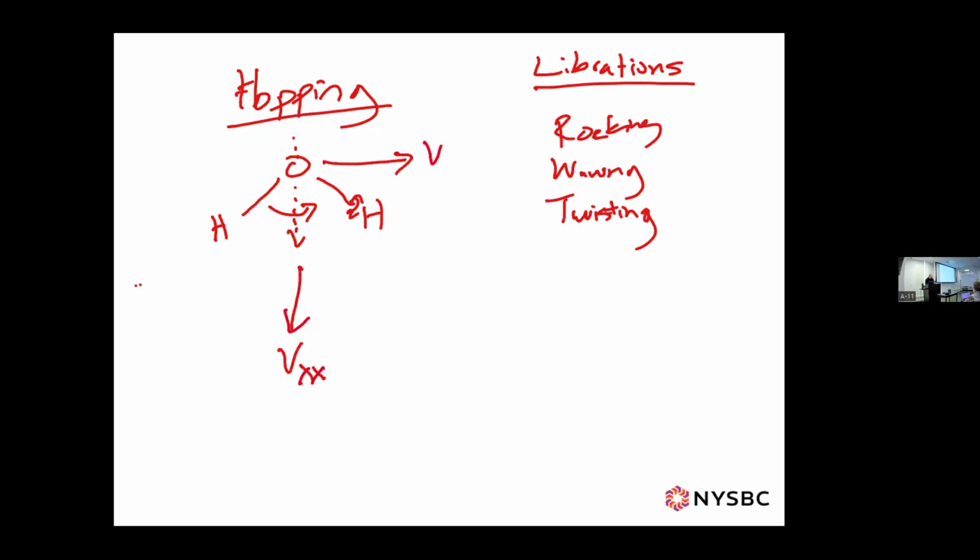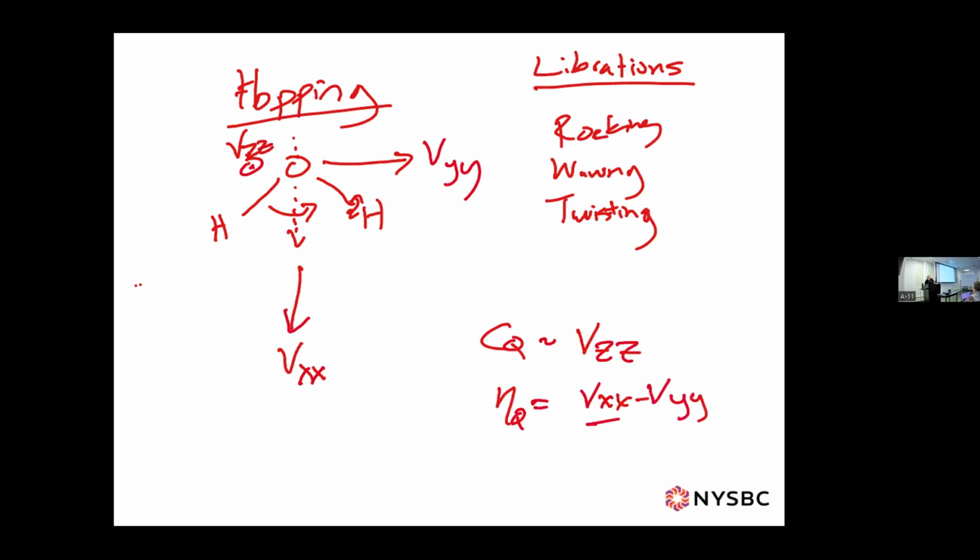Along this axis here, we have VYY. And coming in and out of the page is VZZ. Just to remind you, CQ is proportional to VZZ, and eta Q is equal to VXX minus VYY over VZZ.